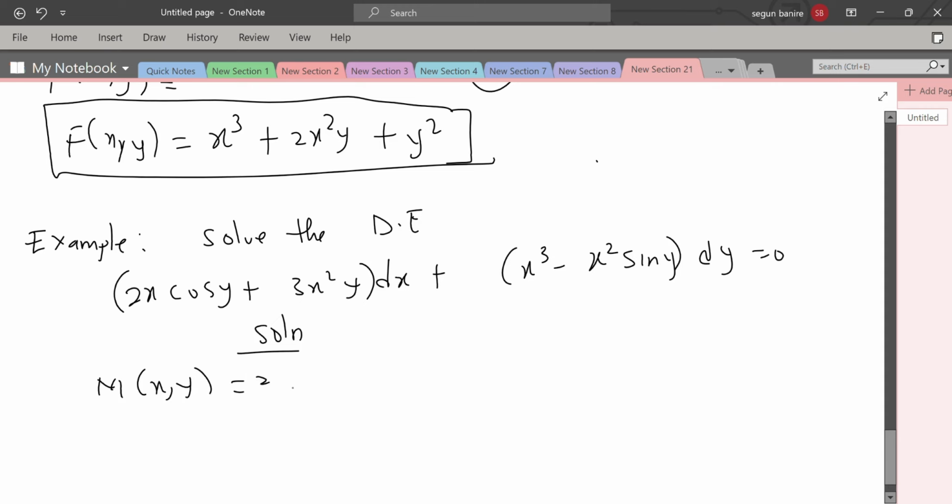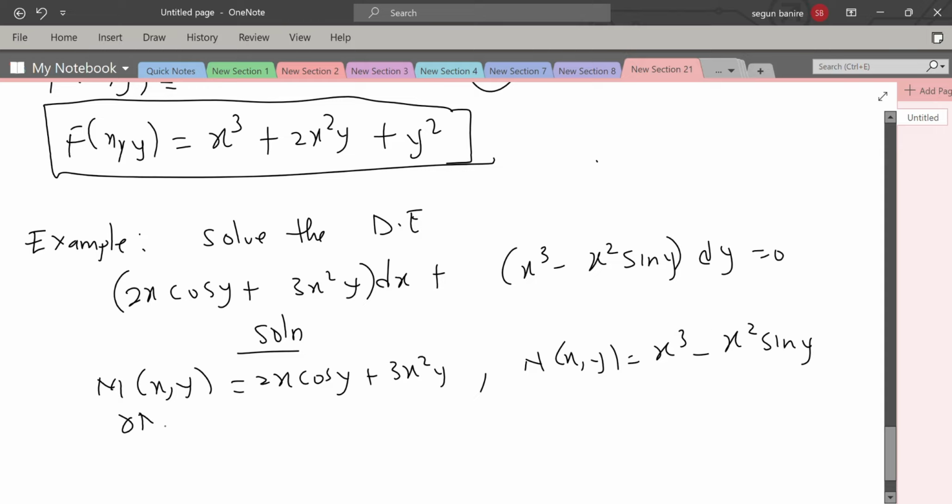M of x comma y is equal to 2x cos y plus 3x squared y, N of x comma y is equal to x squared sine y. If you differentiate with respect to y, what do you get? This is a constant, you only focus on where the y is. So you get minus 2x sine y. Also here, you get 3x squared.